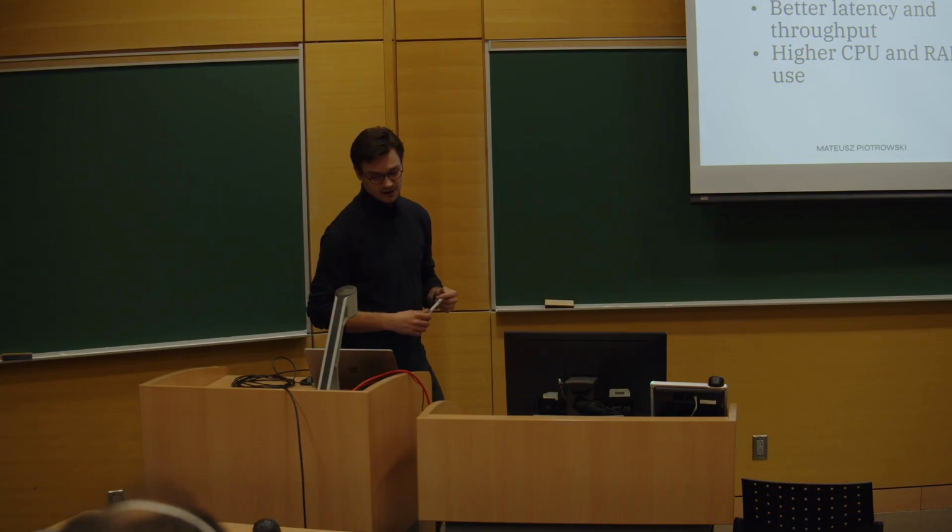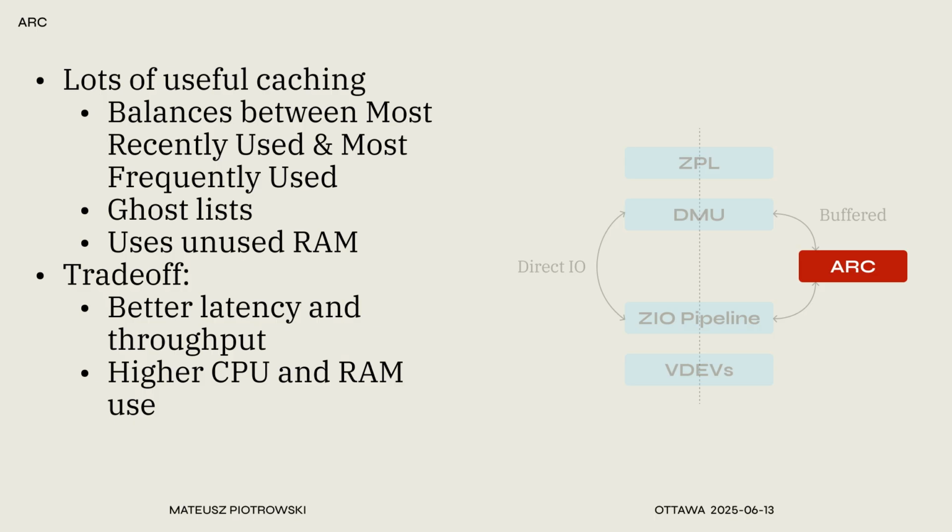And the ARC is actually one of the most, I guess, famous parts of ZFS because it's so powerful. It's caching things, and it's very important for ZFS because this is where a lot of the performance lies. So it's useful for caching.